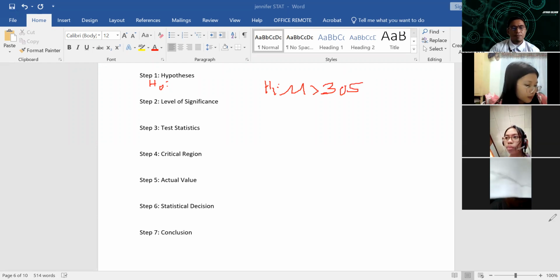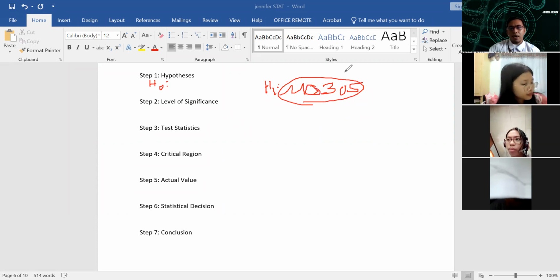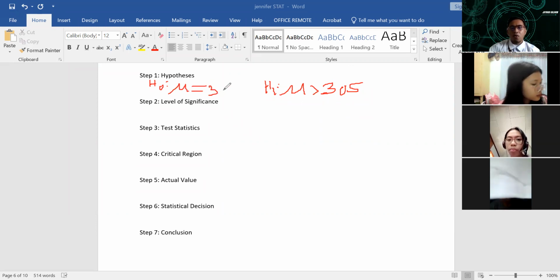The null is always the same, but with equal: population mean equal to 305. That is your null and alternative hypothesis. Next, was the level of significance, the alpha, given? Your alpha is equal to 0.05.